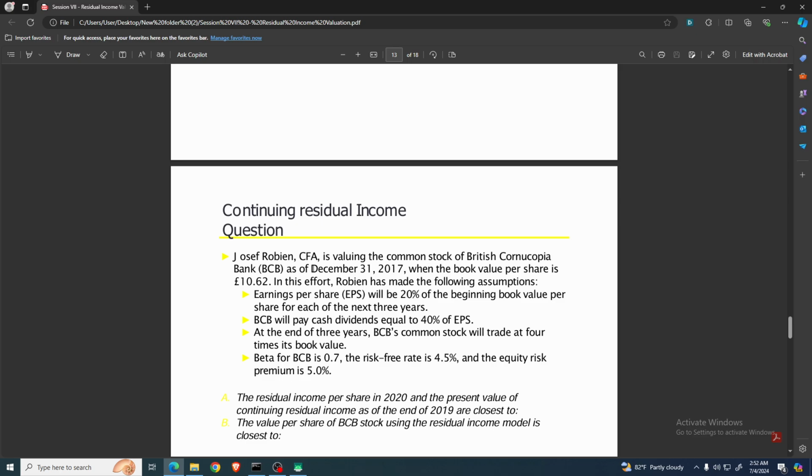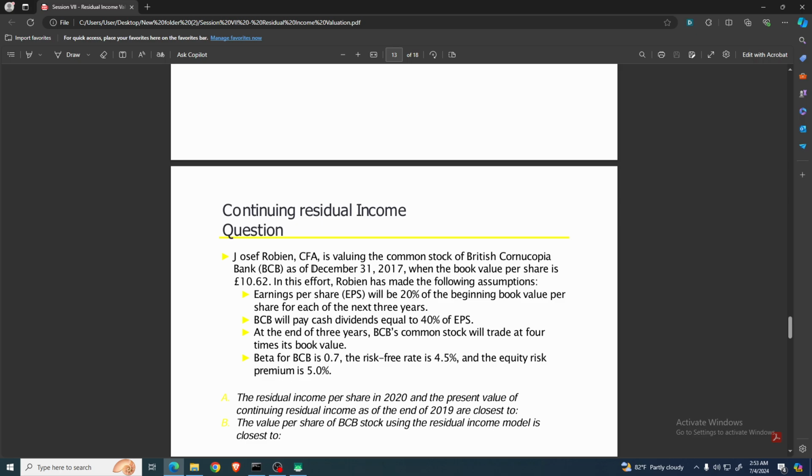EPS is going to be 20% of the beginning book value per share for each of the next 3 years. Dividends are going to be paid at 40% of earnings per share. Stock price at the end of 3 years is going to be 4 times its book value.